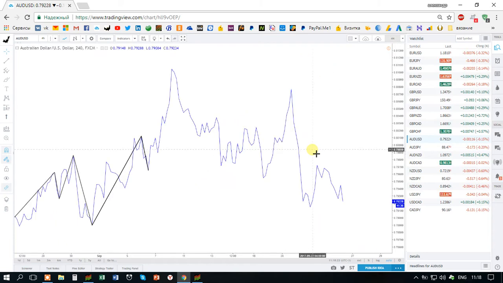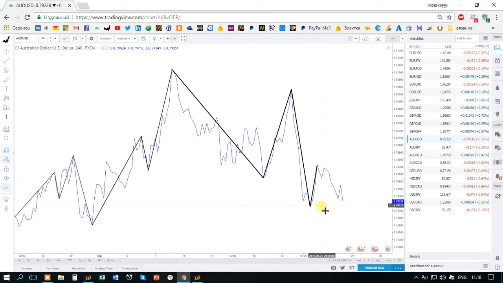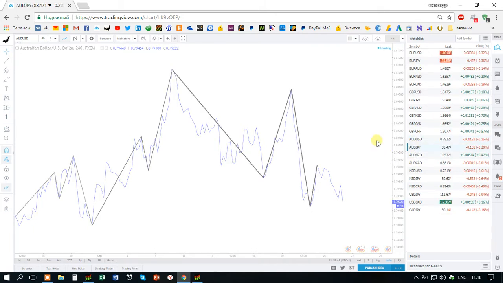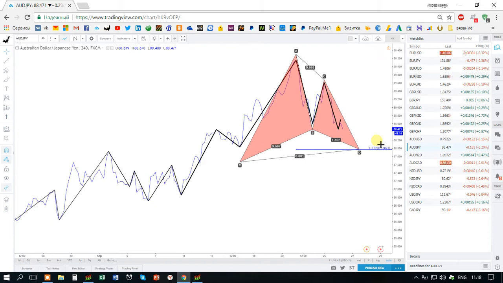So if you have euro dollar and dollar CHF in your portfolio, this means you mostly double your risk, because you have the same pair twice. The same if you have pound CHF and euro pound, the same as you have euro Aussie and Aussie CHF, so they are quite alike.